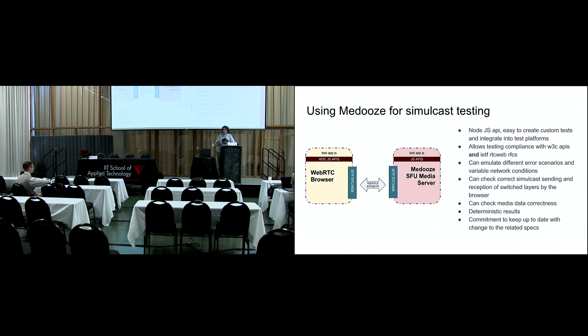But I don't think that W3C compliance testing can go further than that. You need something else to ensure not only that the JavaScript API is returning the correct values when you query the parameters for the encodings, but also that the RTP streams sent on the wire are correct.